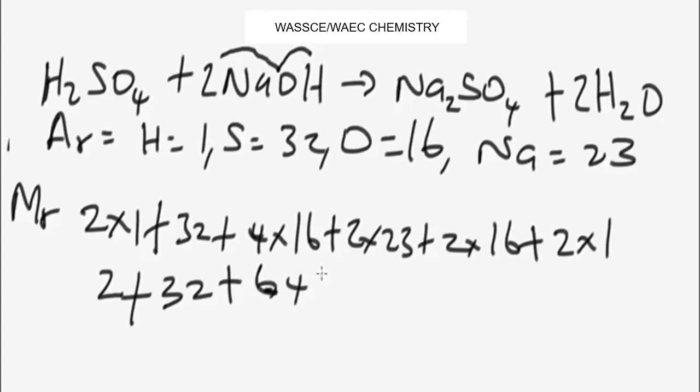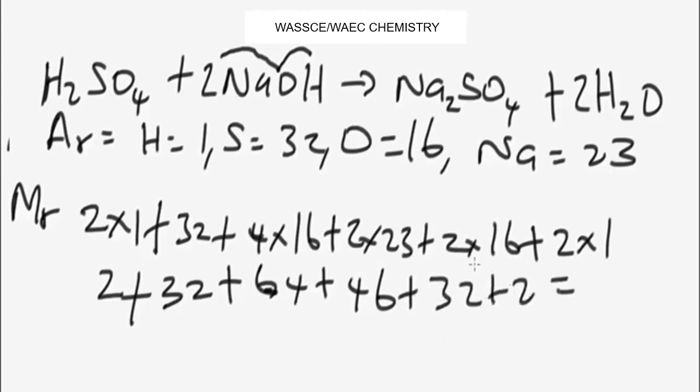Now we have plus 23 times 2 is going to give us 46, plus 16 times 2 is going to give us 32, plus 2.